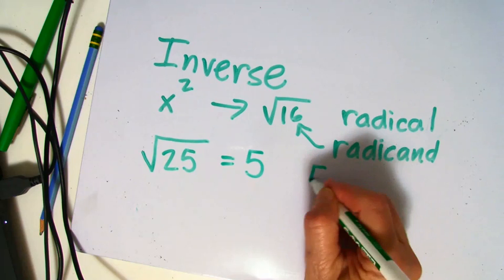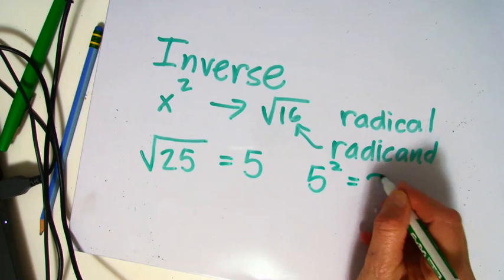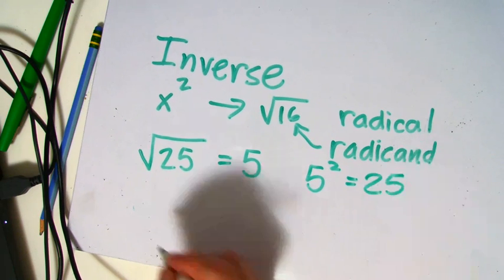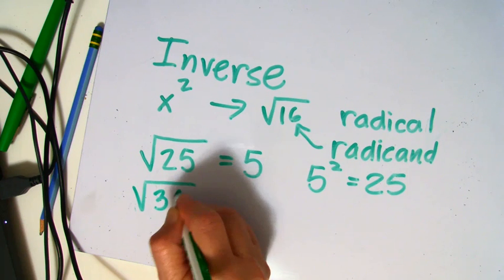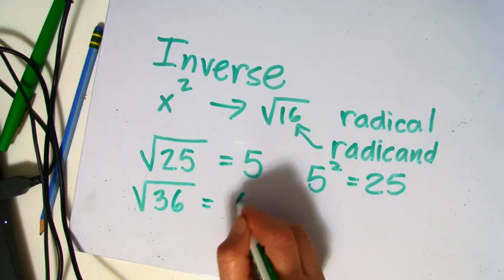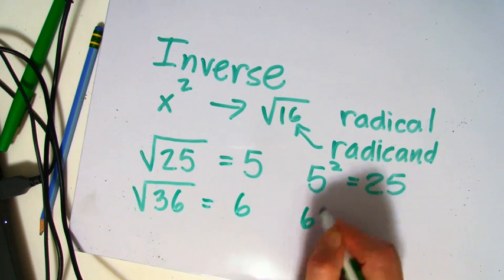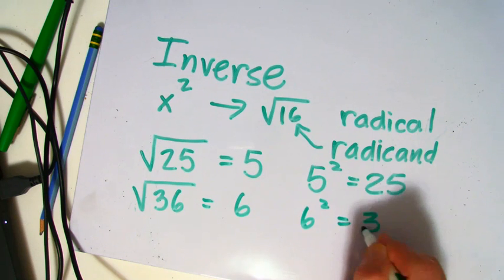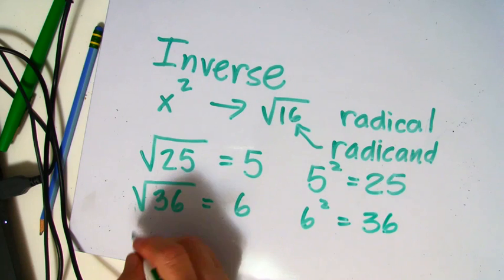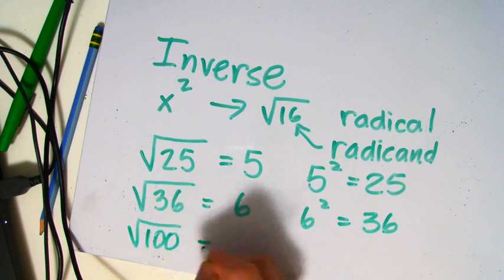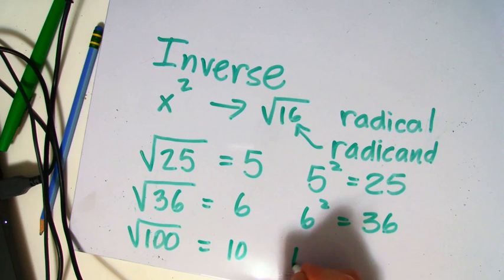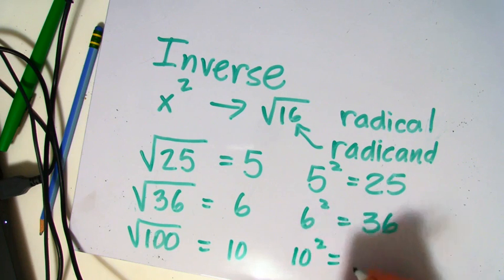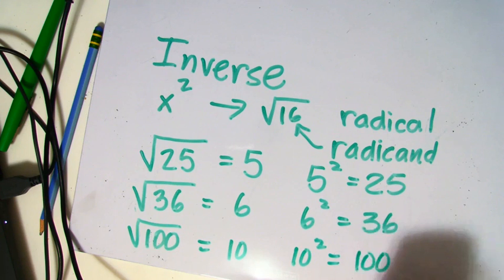And that's because 5 squared equals 25. If we do the square root of 36, my answer is 6 because 6 squared equals 36. And one more, if I have 100, my answer is 10 because 10 squared equals 100.